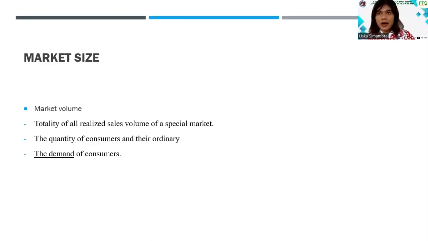Let's say our first example is Indonesian white jasmine flower. For example, we find data that in Central Java province, the white jasmine flower demand from April to May 2022 is about, let's say, 500 kilograms.